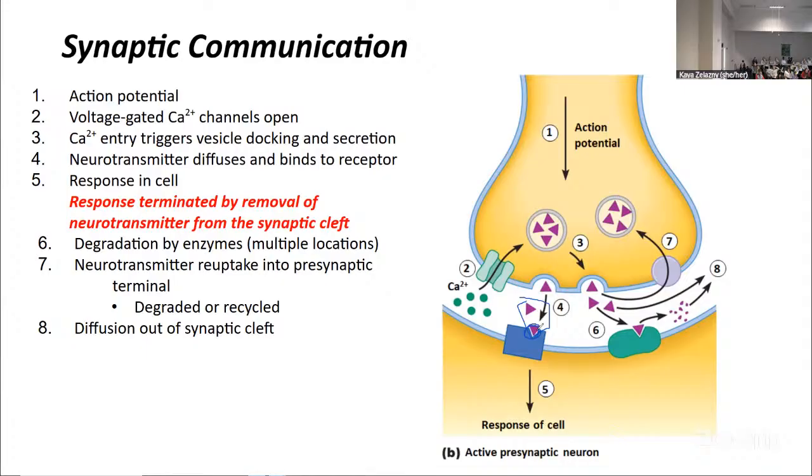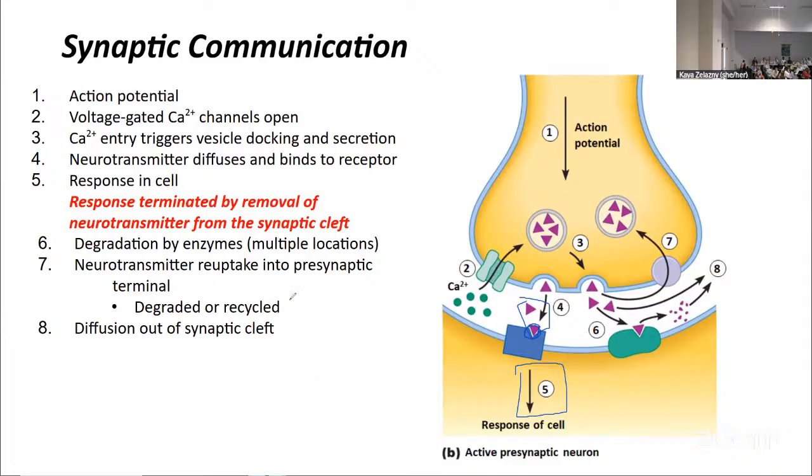Right? That's why I wanted to point out there are no channels on this diagram yet. What happens is that receptor changes shape. And as it changes shape, then we're going to have new things going on in the cell. So our cell is going to have some type of response. And then our signal has gotten all the way to our postsynaptic cell.